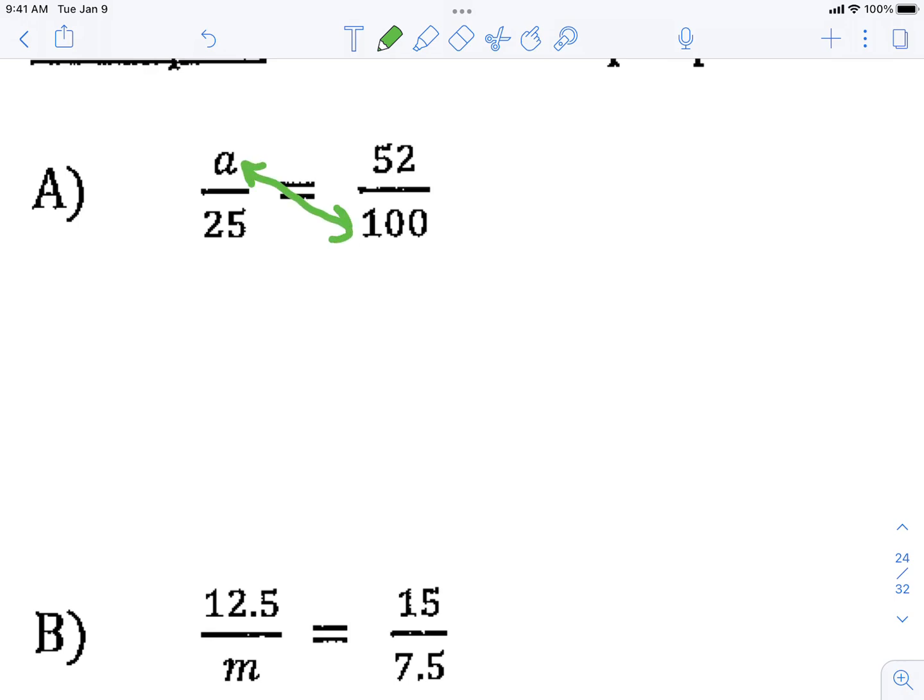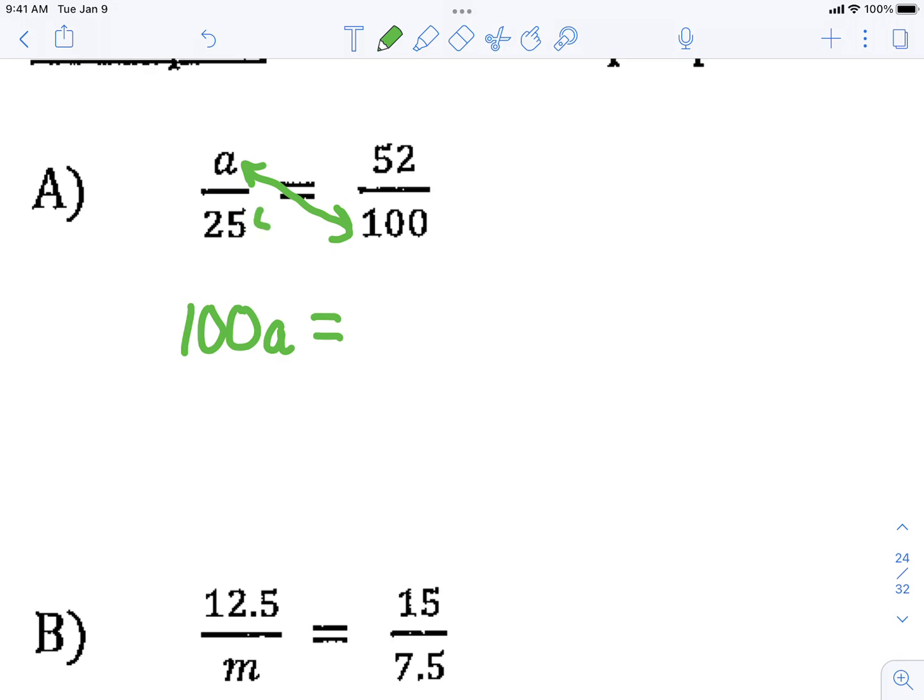And again, when you cross multiply, you multiply diagonally. You do not multiply across the bottom and the top. So A times 100 is 100A. And now, since I have the proportion already made, I'm going to put an equal sign between them.